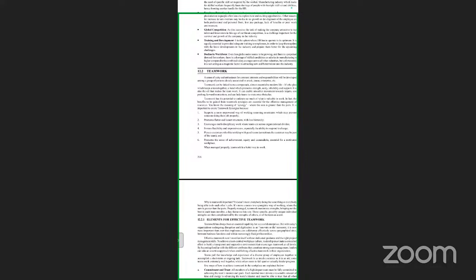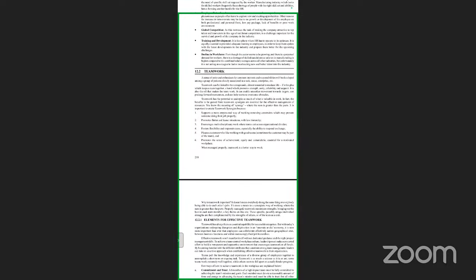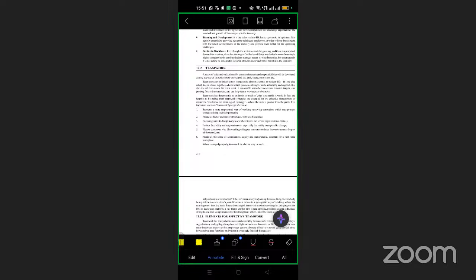We feel we are united, and enthusiasm for common interest and responsibilities will be developed among a group of persons closely associated in a task, cause, enterprise, etc. Teamwork synergizes because it supports a more empowered way of working, removing constraints, promotes flatter and leaner structures with less hierarchy, encourages multidisciplinary work where teams cut across organizational divides, and fosters flexibility and responsiveness, especially the ability to respond to change, pleases customers who like working with good teams, and also promotes the sense of achievement, equity, and essential for motivated workplace. When managed properly, teamwork is a better way to work.